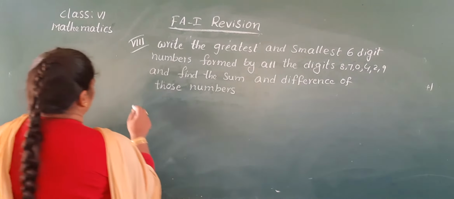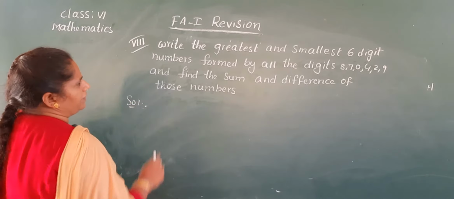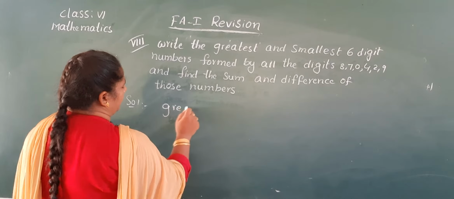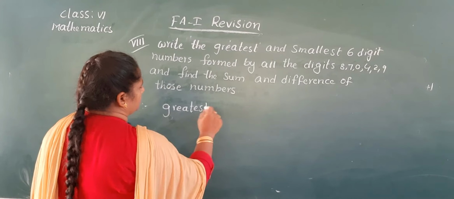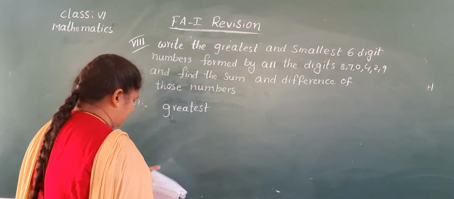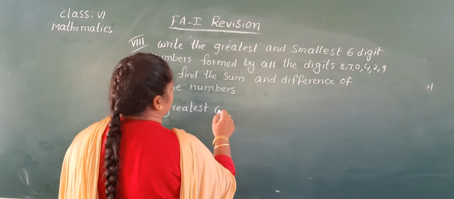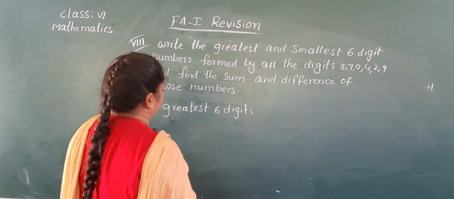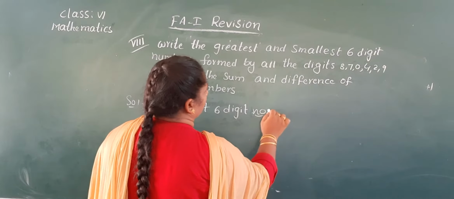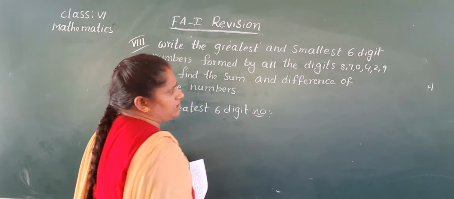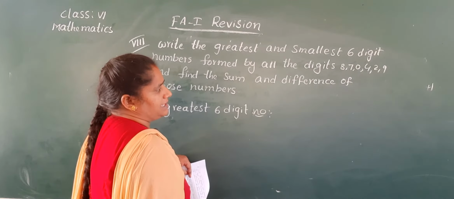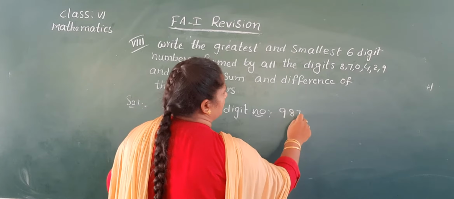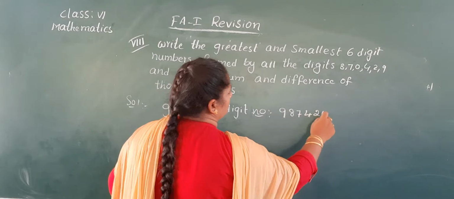Now see. First, the greatest 6-digit number, without repeating the digits. If you arrange the digits from highest to lowest, that means biggest to smallest: 9, 8, 7, 4, 2, 0.